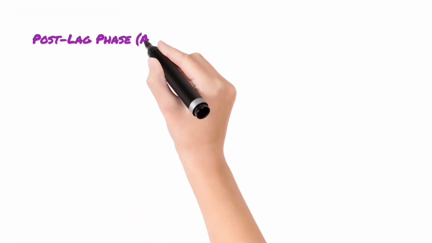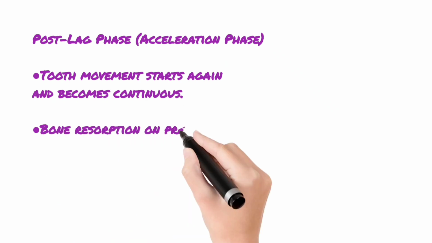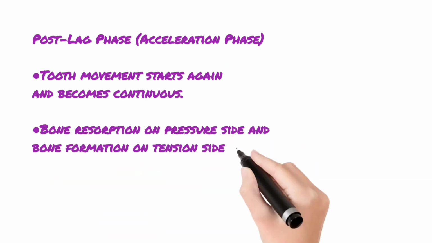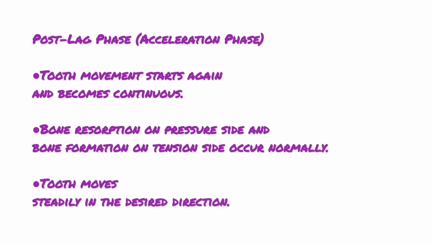Post-lag phase, acceleration phase: tooth movement starts again and becomes continuous. Bone resorption on the pressure side and bone formation on the tension side occur normally. Tooth moves steadily in the desired direction.